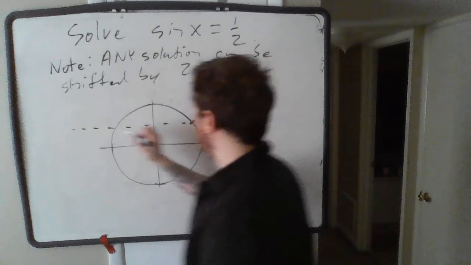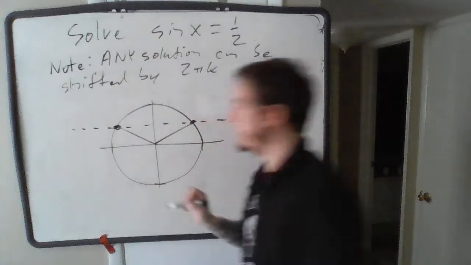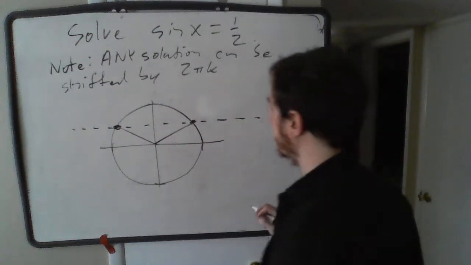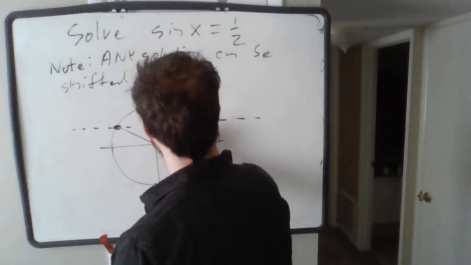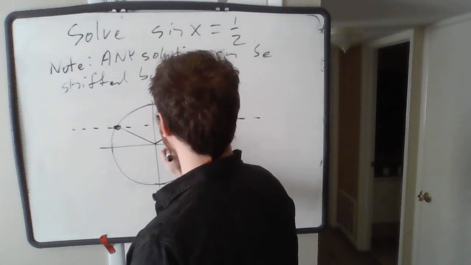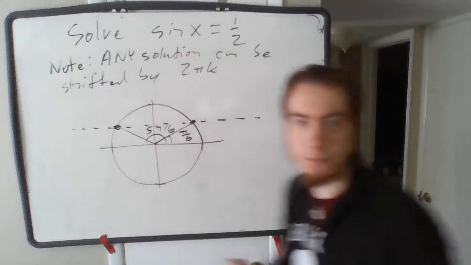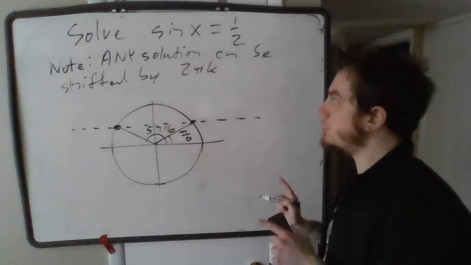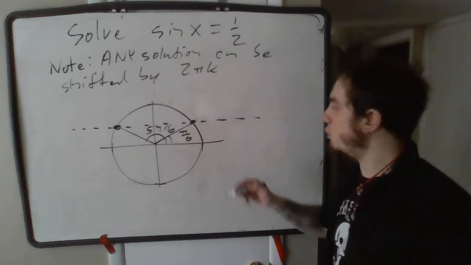Well, that's going to be all the angles that have this as their terminal point or this as their terminal point. So the solutions to this are going to be pi over 6 as well as 5 pi over 6. But it's not just those, it's also those solutions shifted by 2 pi k.